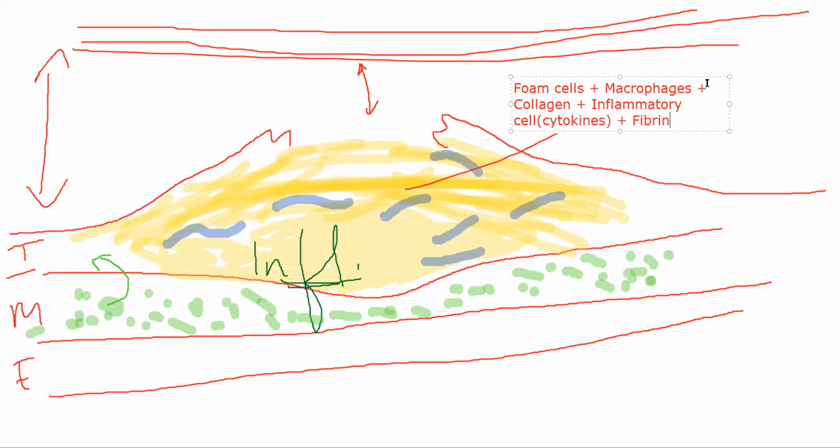All of this, plus dead macrophages, which in turn released more LDL and all of that. So you'll have more oxidized LDL. All of this will be present in that plaque.